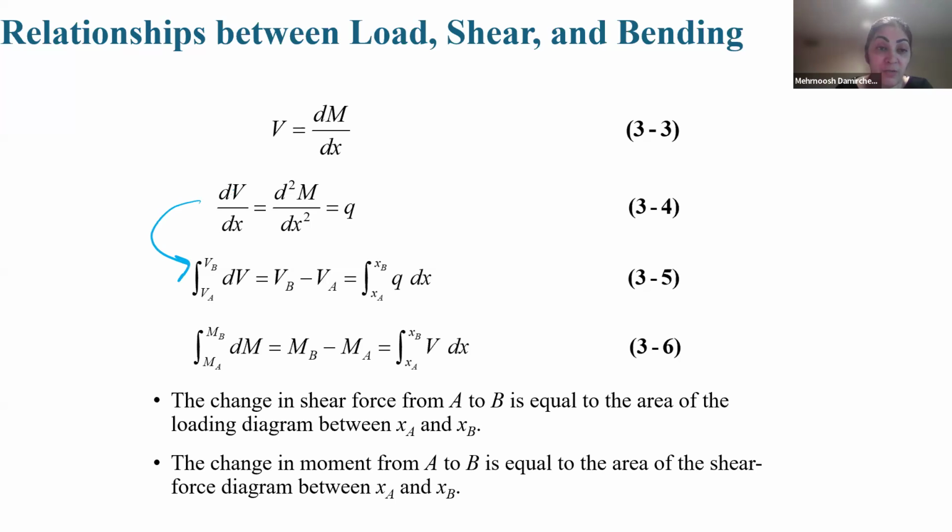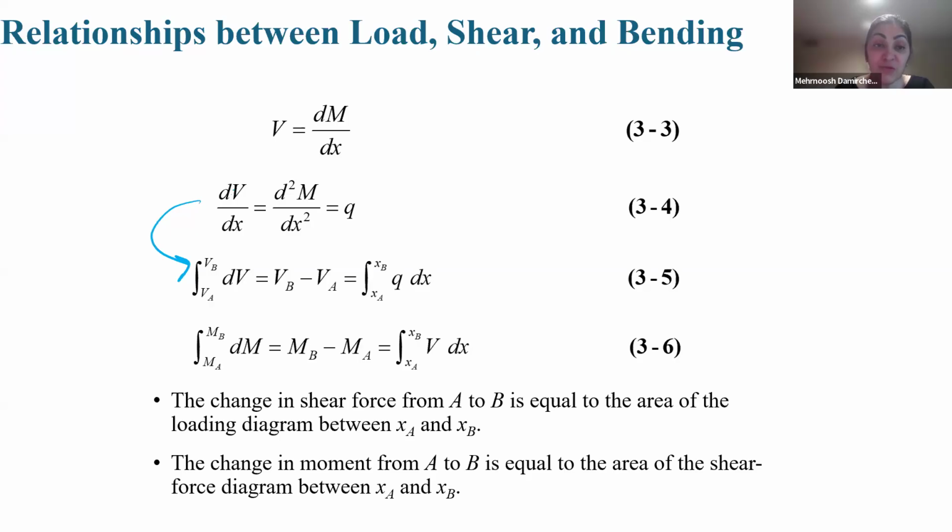So the integral of Q, or the change of V, is the area under the load. It's very important and we use it with singularity functions too. Another equation that we have is that dM/dx equals V, meaning the rate of change of moment equals V.